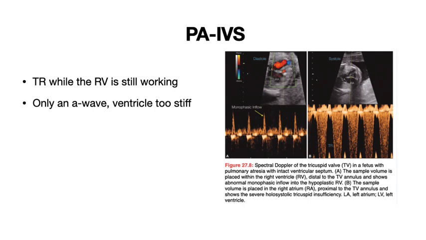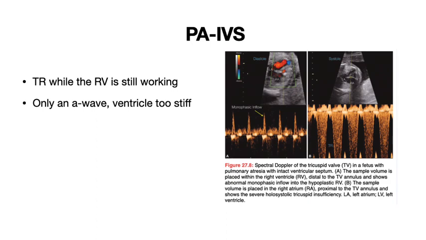All right. As long as the ventricle's working, you can have tricuspid regurgitation. You won't have tricuspid regurgitation if the heart isn't pushing very hard, because basically it has to push it backwards through the tricuspid through a little tiny gap. So as long as the right ventricle is working, you can get this tricuspid regurgitation.